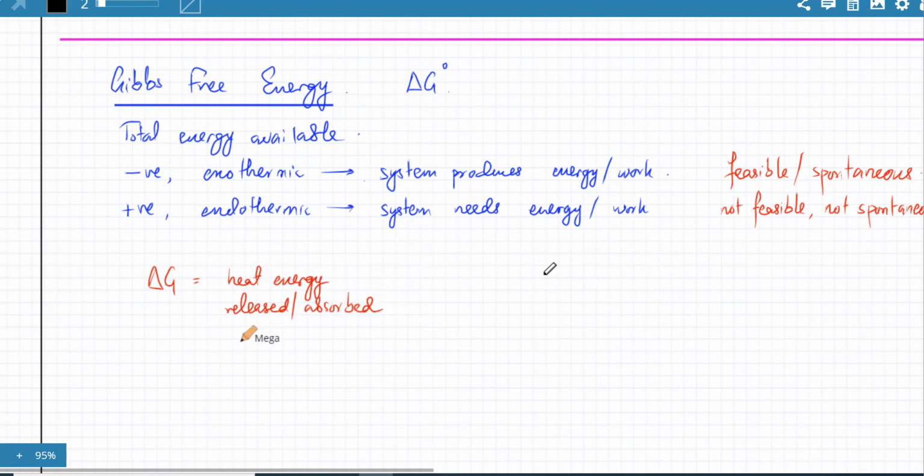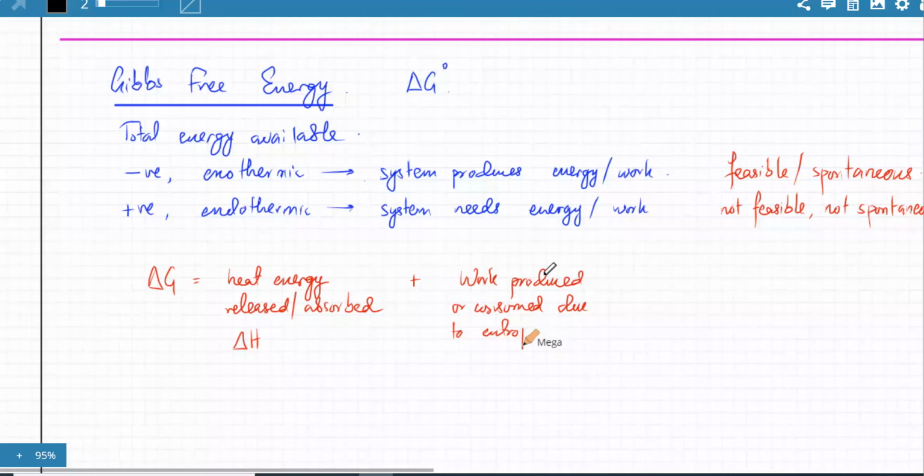So that's basically your delta H. And plus it's the work that is produced or consumed due to entropy change because of the disorder. So you have your entropy change work as well. And that could be positive or negative as well.